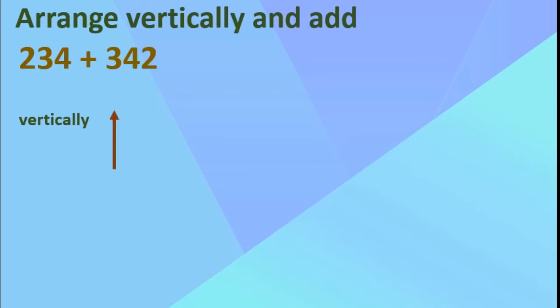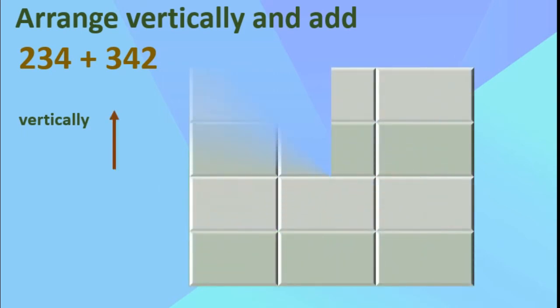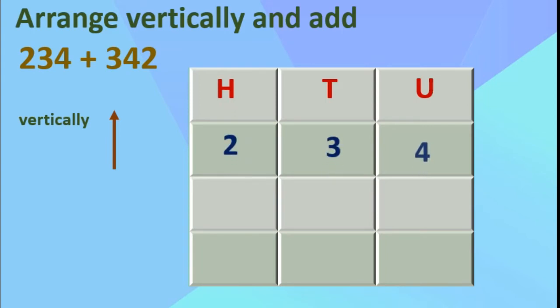Arrange vertically and add. See students, vertically means in standing position. We will write one number below the other. Here units, tens, hundreds. Now 234 is given.